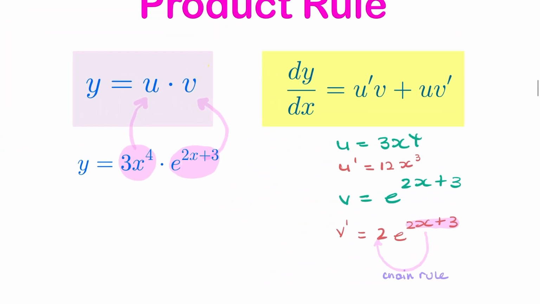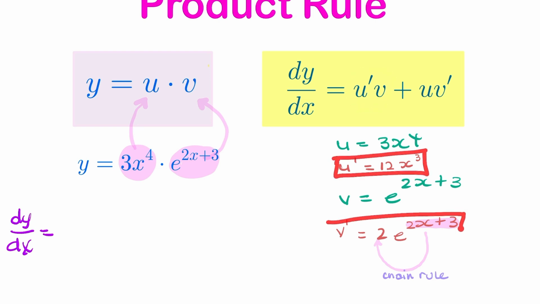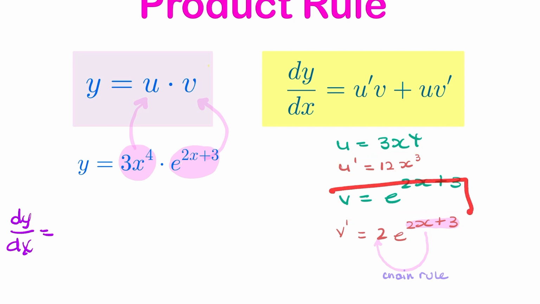So now we can apply the product rule and write dy by dx in full. So dy by dx will be u dash v, so this is my u dash, and that's my v. So I multiply the derivative of u by v.